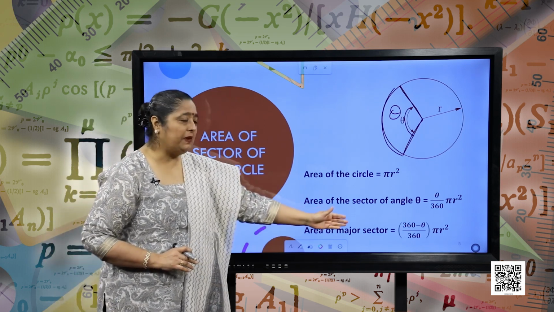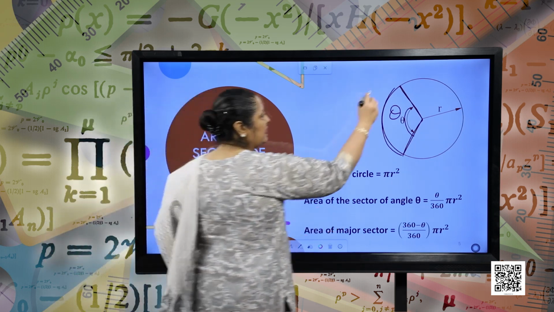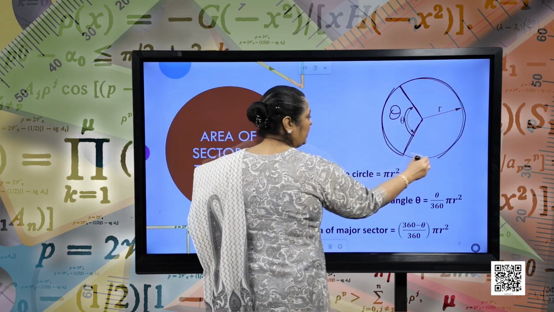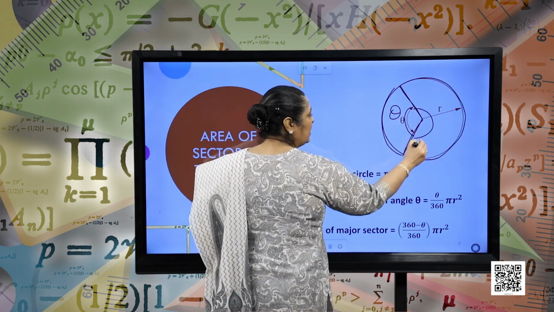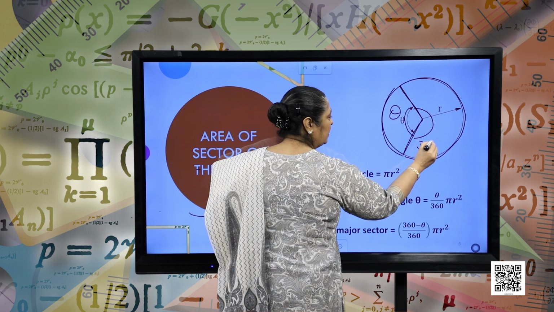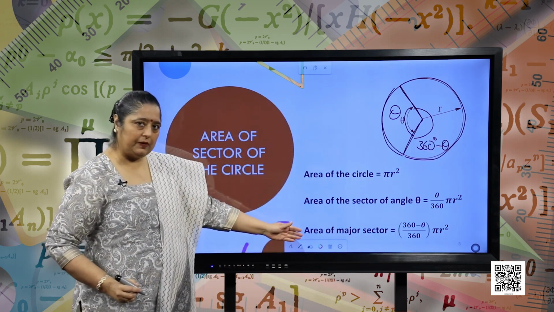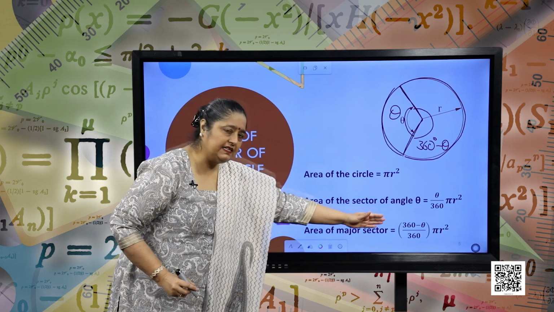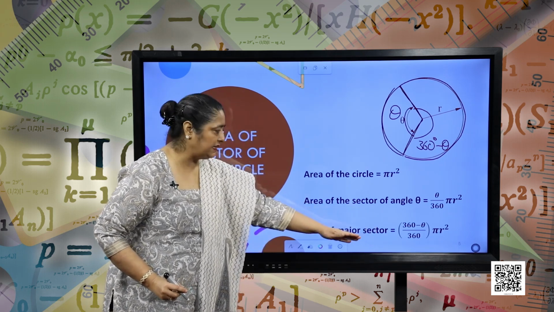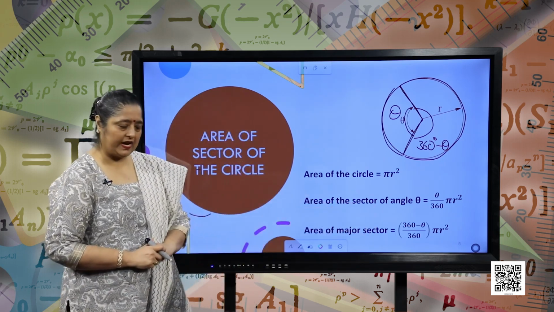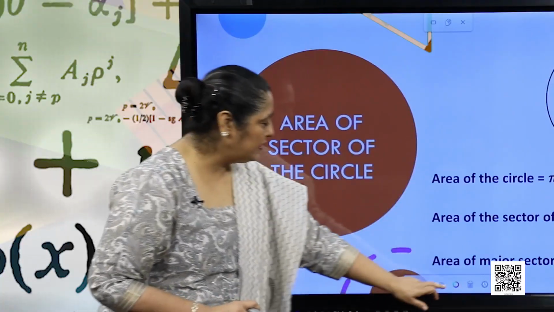Similarly, area of the major sector is this portion, wherein the angle is 360 degree minus theta. So, the area will be 360 degree minus theta divided by 360 into pi r square. So, let us move forward.